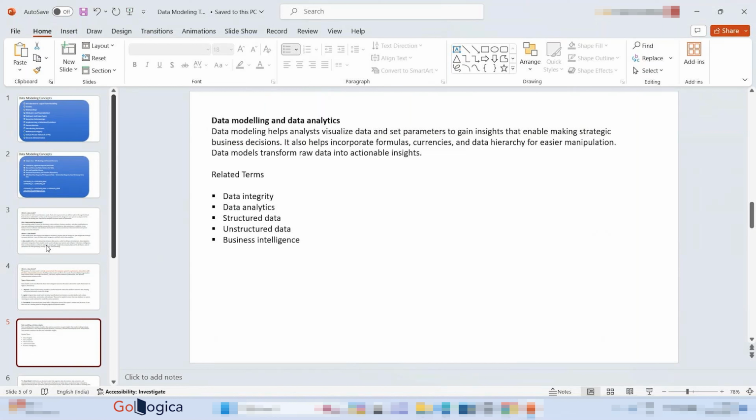and that we term BI, business intelligence. So you have heard about the BI tools of Microsoft: SSIS, SSAS, SSRS. What we do in this is the same thing, data modeling and data analytics.